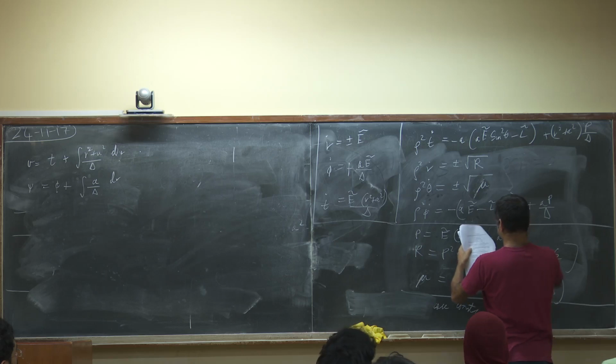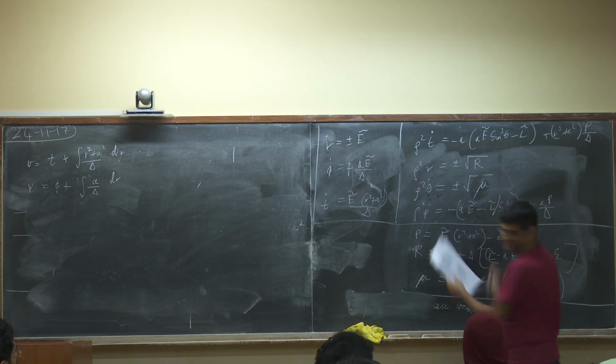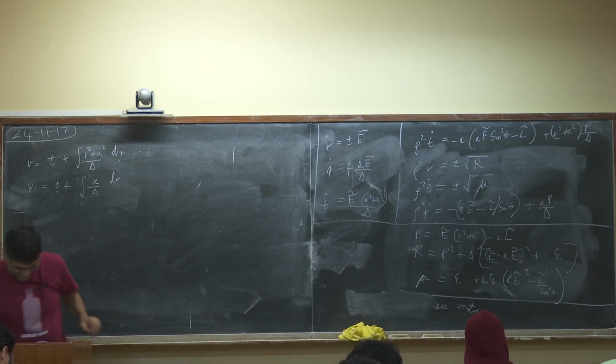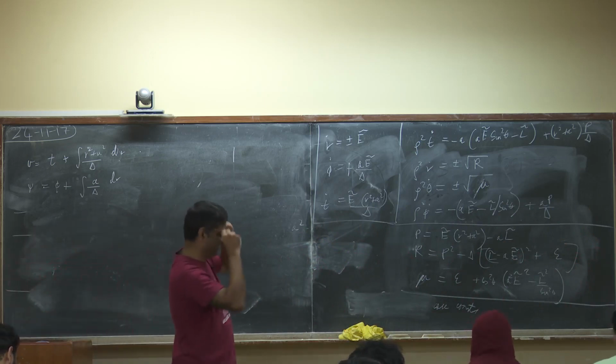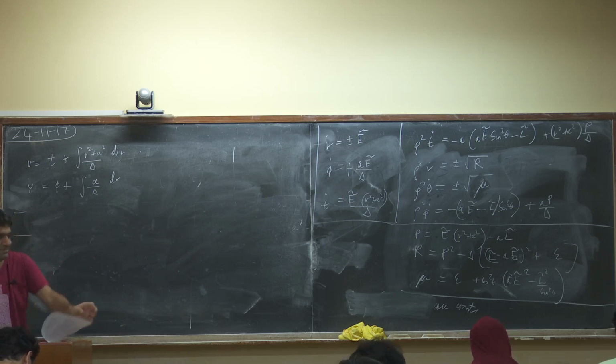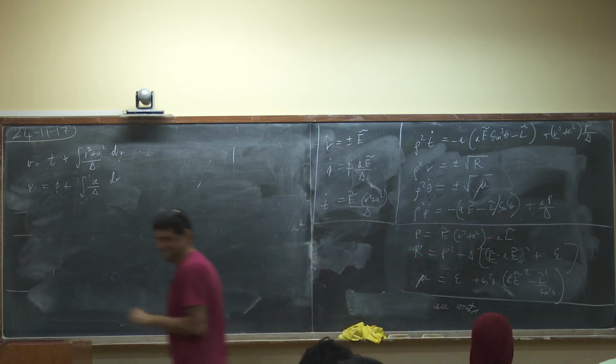Ah, you're absolutely right. Phi dot. Oh, sorry, wait. Let me just go straight. Phi dot. I'm sorry, people. Okay, that's by L tilde by sine square theta. Sorry about that.